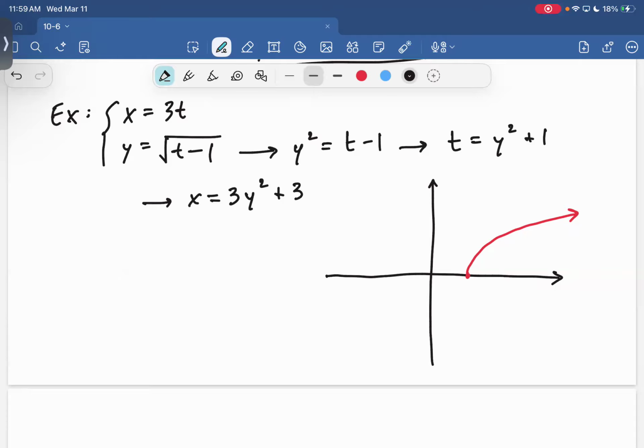Okay, so I graphed it by using the formula that we learned, which is y squared equals, if we convert this to the formula, 1/3 times x minus 3. And so you can graph it like that, and this tells you that it's a horizontal parabola with vertex 3, 0 facing right.